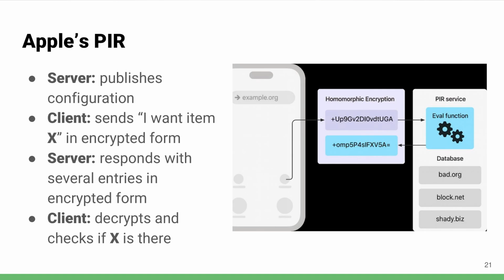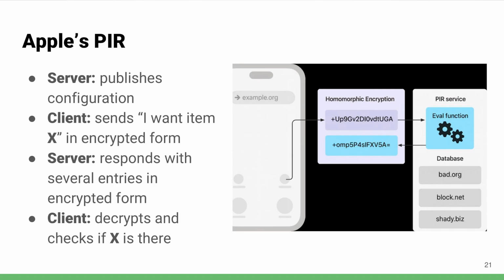And the client then does a second check locally: is the requested item there in the response? And if it is, it considers that the item was found. Basically, this is what happens with URL checking. And, well, thanks to a lot of encryption, so you can just count the number of words encrypted on the slide. It looks like private information retrieval, right?